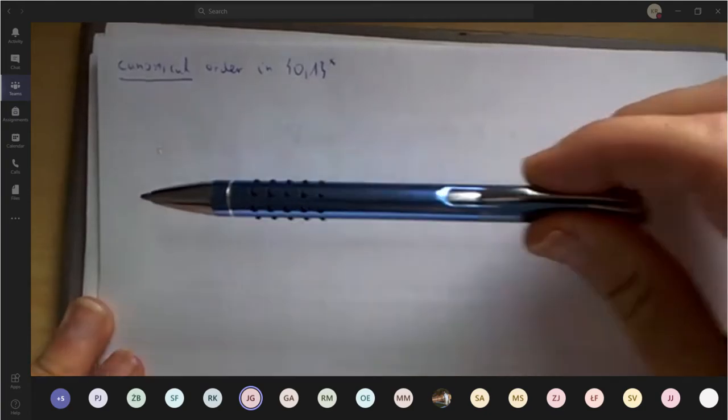So we want to have a linear order in the set of all strings over 0, 1.